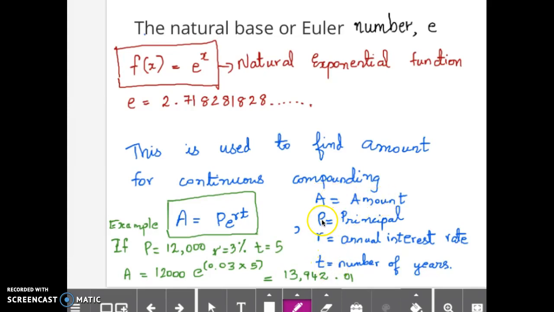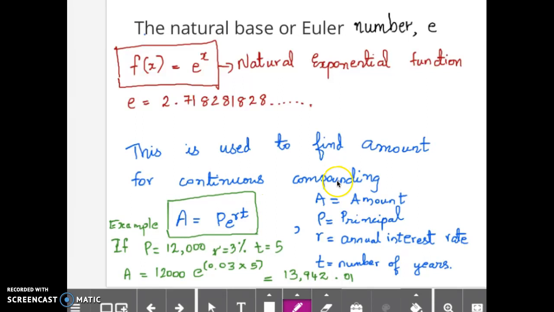A is the amount, P is the principal, meaning the first money that you're putting in the bank, r is the annual interest rate, t is the number of years that you put the money in the bank. For example, if P is 12,000, you're going to put $12,000 in the bank at a rate of 3% annual interest, for 5 years, t is 5 years, at a continuous compounding rate.